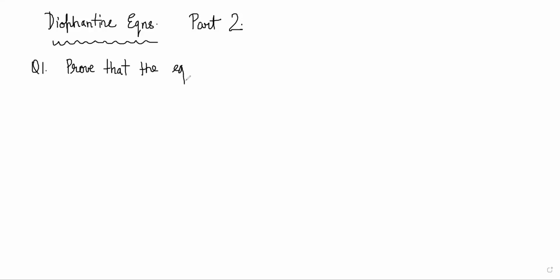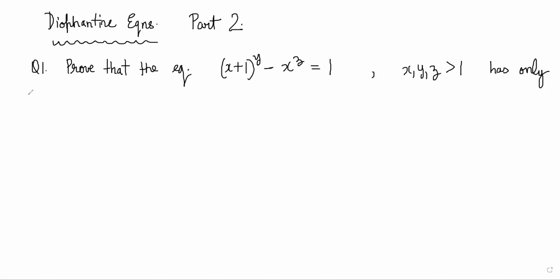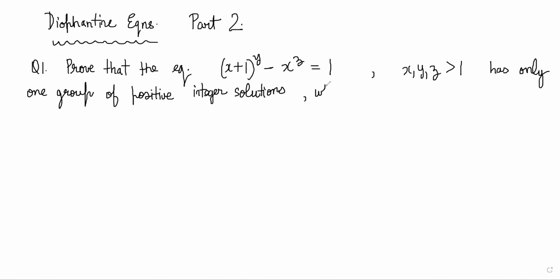So let's get started. The first question is this: prove that the equation (x+1)^y - x^z = 1, where x, y, and z are greater than 1, has only one group of positive integer solutions, where x is equal to 2, y is equal to 2, and z is equal to 3.